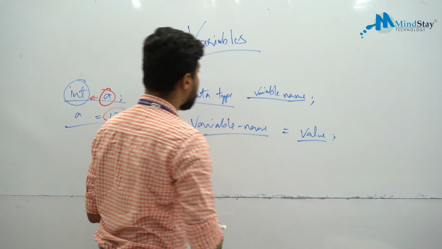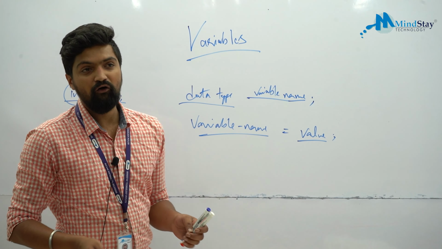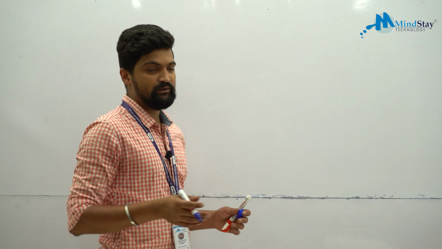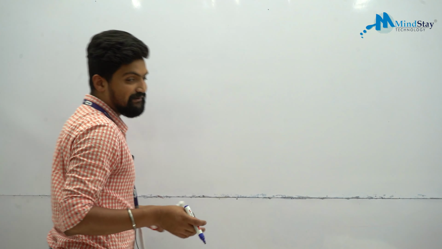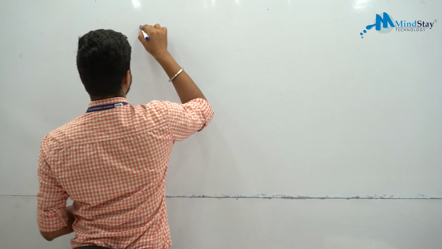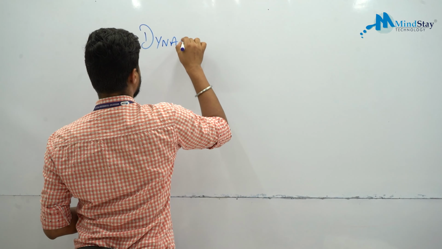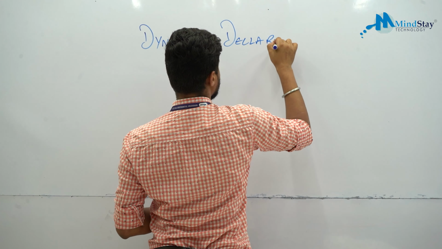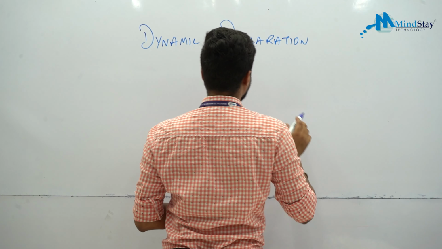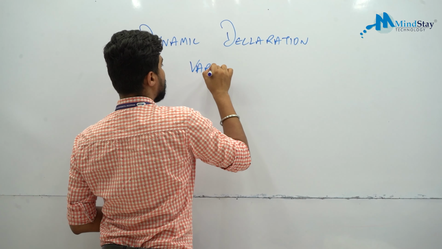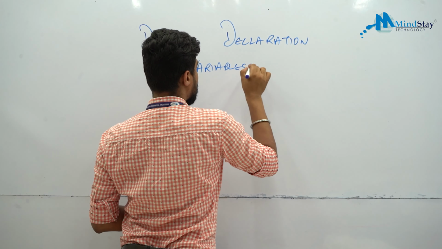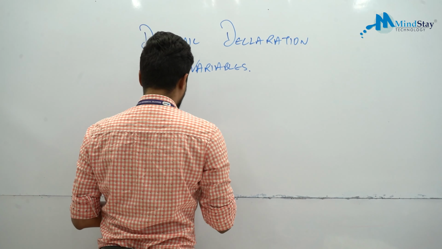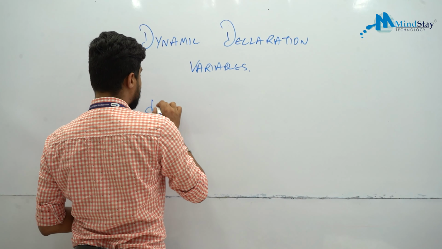Now let us also understand the dynamic way of declaring your variable. So this lecture we will learn about dynamic declaration of a variable. Okay, so the general syntax for this is very simple.